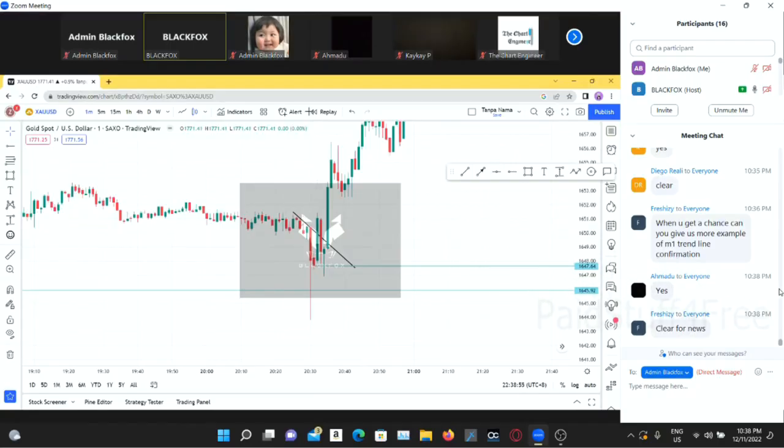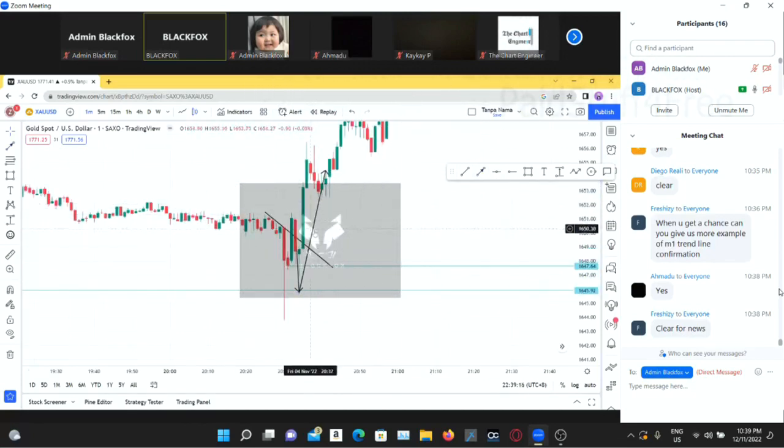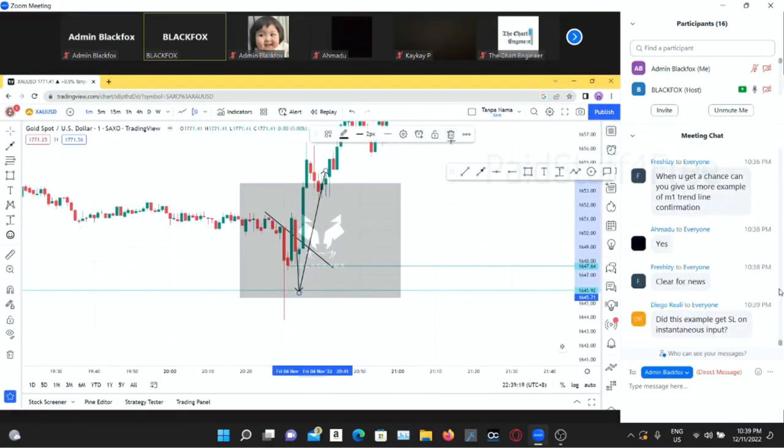Because sometimes when there is news, the price will test M1 support. Sometimes the price will go like this after breakout, and then the price goes up like this. So we just wait for the pullback if we trade on news.